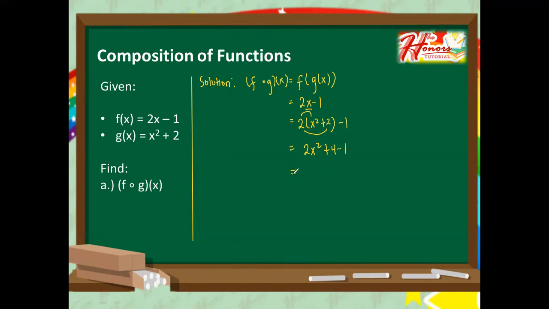For 2x squared, we cannot combine it with 4 and negative 1 because they are constants, while 2x squared has a variable. So therefore, we cannot combine them. So just copy 2x squared and then please combine positive 4 and negative 1. So 4 minus 1, that's positive 3. And that's it. This is the final answer.